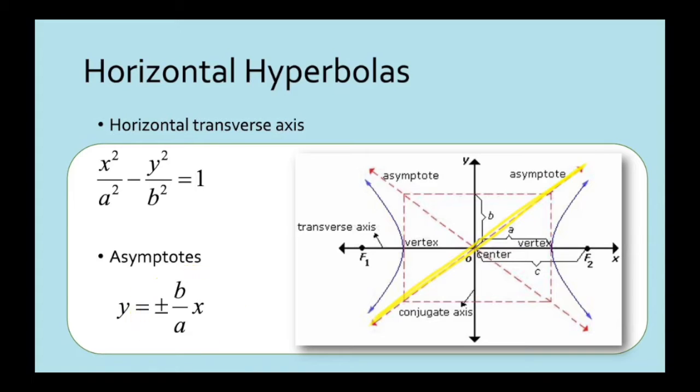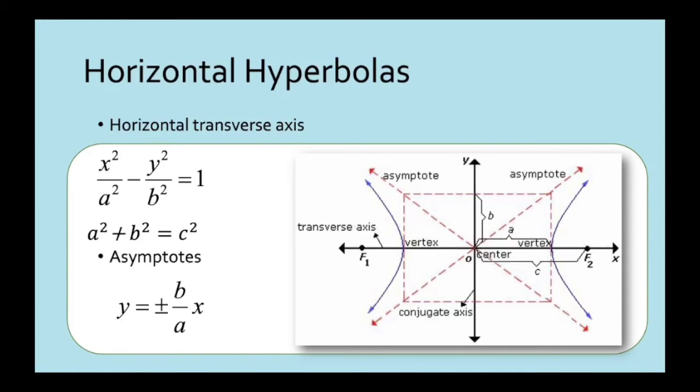I would suggest that you write the word slope right here on your note sheets. That b over a is just a slope, and it's the rise over the run. We have a rise right here of b, and we have a run of a. So b over a is our slope.